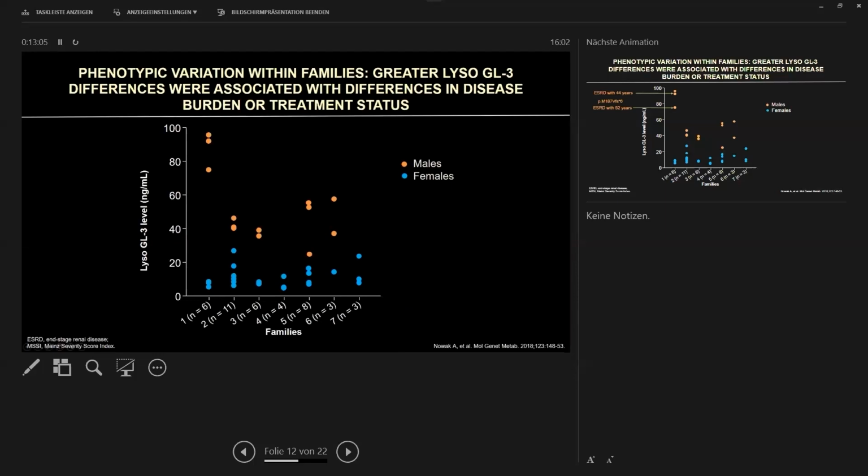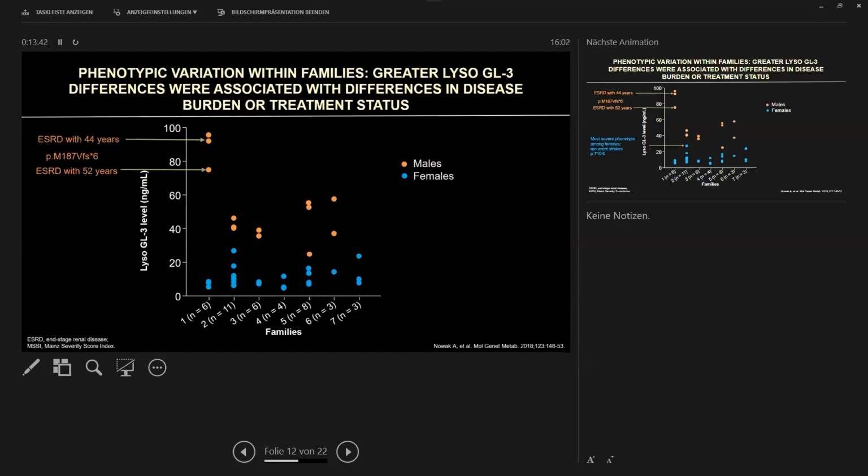And I have plotted the Lyso-GB3 levels in these 7 Swiss families. You see here the columns each represent Lyso-GB3 levels of each family. And in yellow you have males, and in blue you have females. And of course, females have lower Lyso-GB3 levels than males in the respective family.